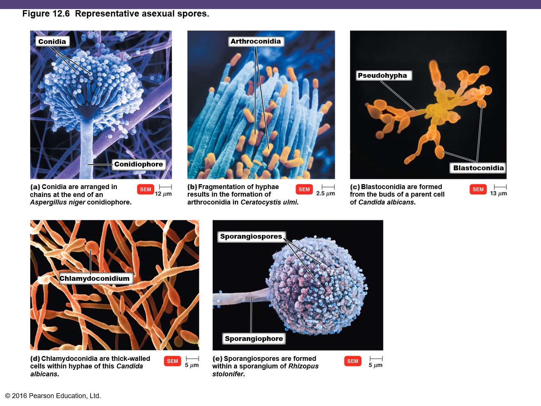The other type of asexual spore is the sporangiospore, which is formed within a sporangium, or a sac, at the end of aerial hyphae. On picture E there, the sporangium can contain hundreds of sporangiospores, and such spores are produced by Rhizopus.